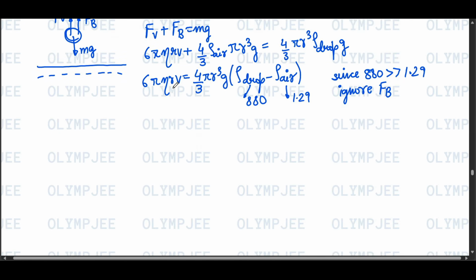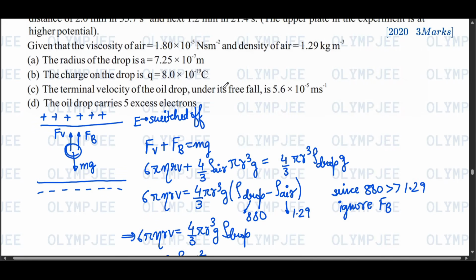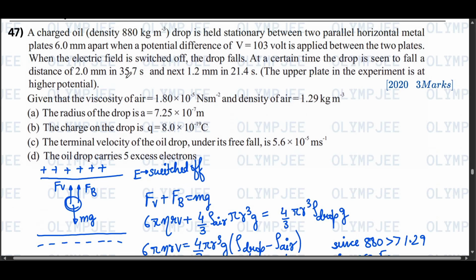So we will simply get 6 pi eta r v is equal to 4 by 3 pi r cube g multiplied by rho of drop. So this will give us velocity as 2 by 9 rho g r square divided by eta. Here the rho is of drop, and let us calculate the terminal velocity using this information.